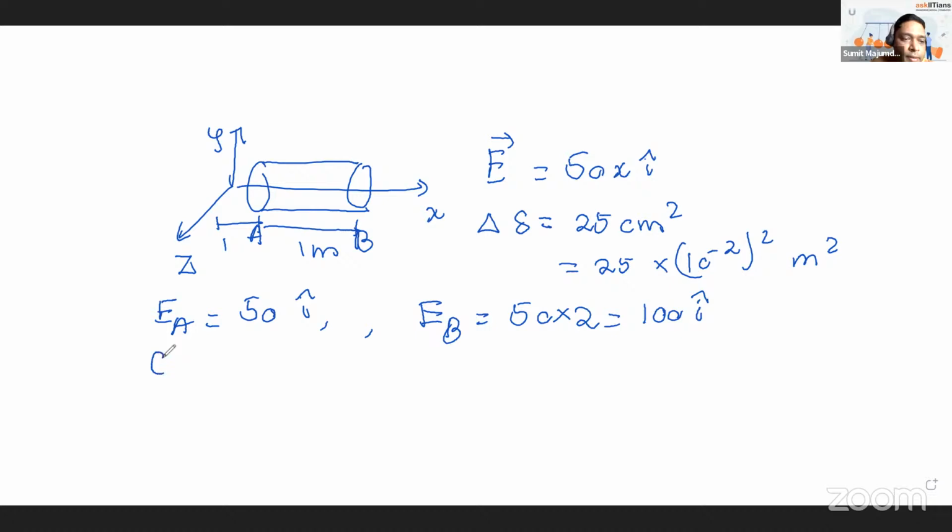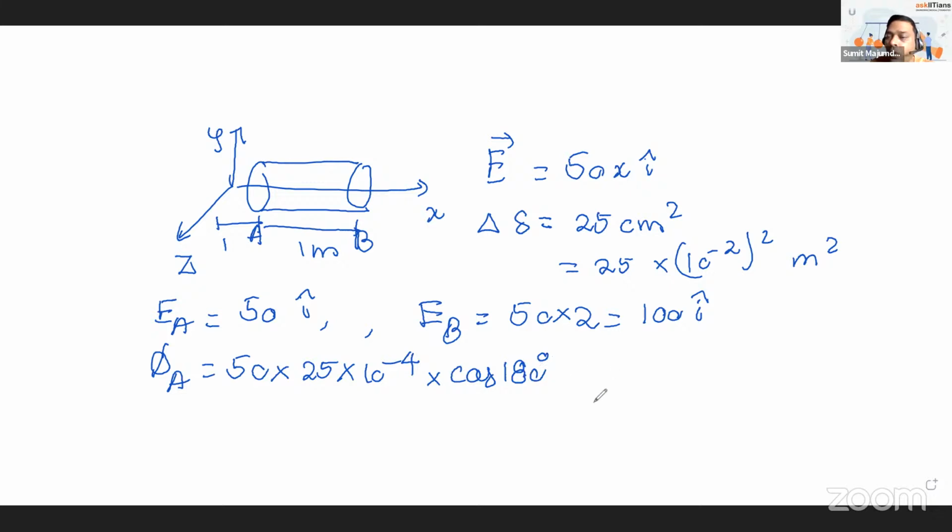Now let's try to find out the flux at A. The area vector is pointing along the negative direction for the case of A. So how will we find it out? We will say 50 into the area vector, which is 25 into 10 raised to power minus 4, multiplied by cos 180.